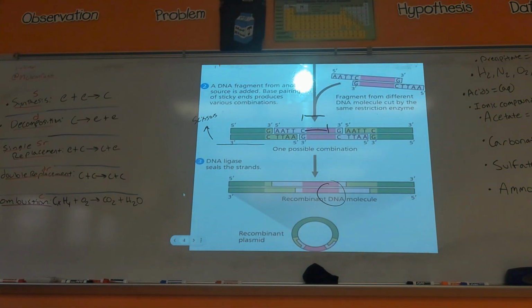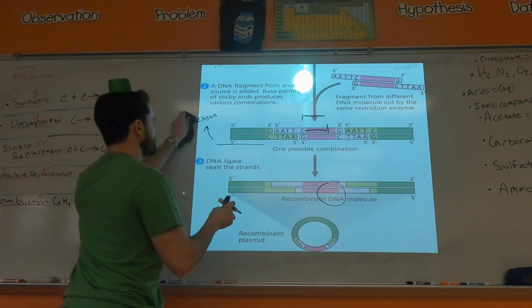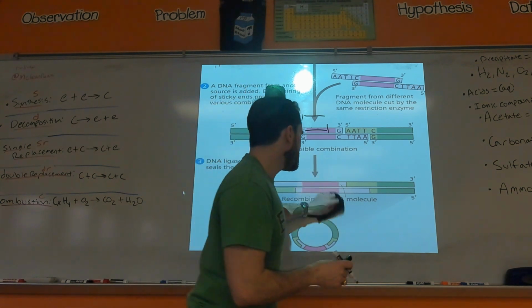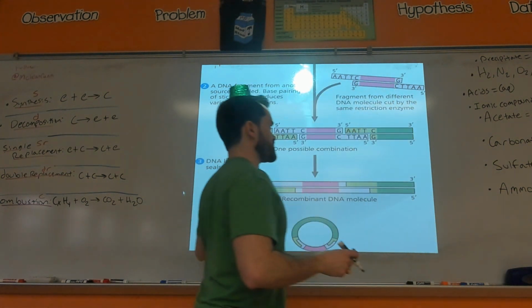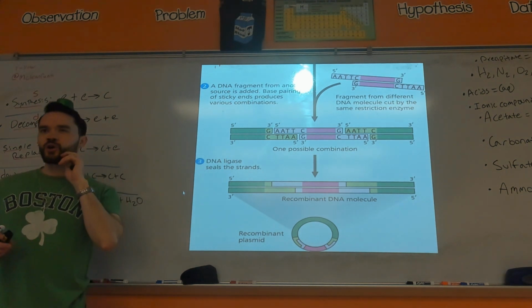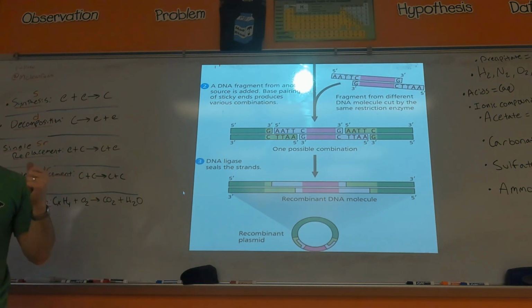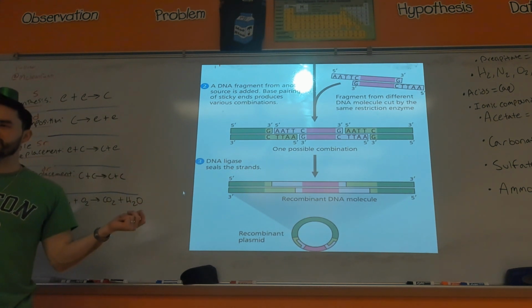next slide. So here, just real quick, this is showing what I was saying about how we can insert genes. I'm not going to dwell on this too long because we're going to talk more about this when we do recombinant DNA with bacterial transformation.